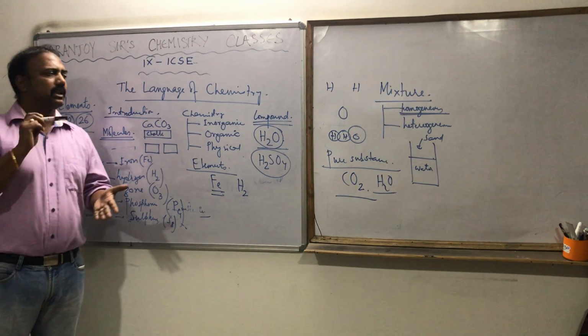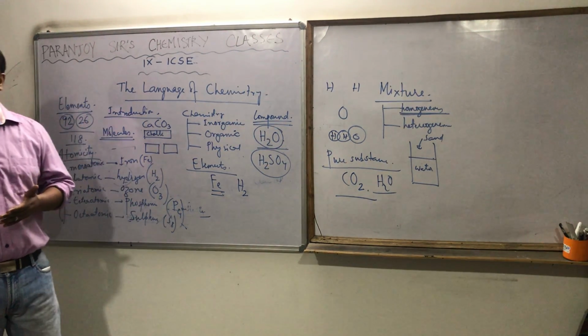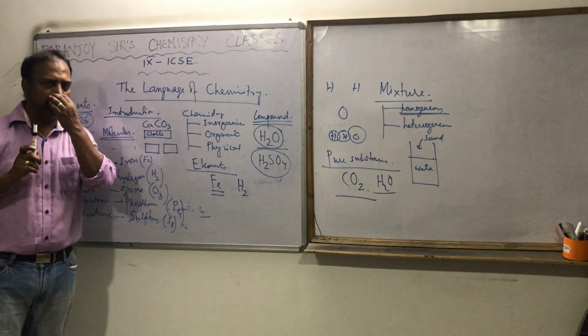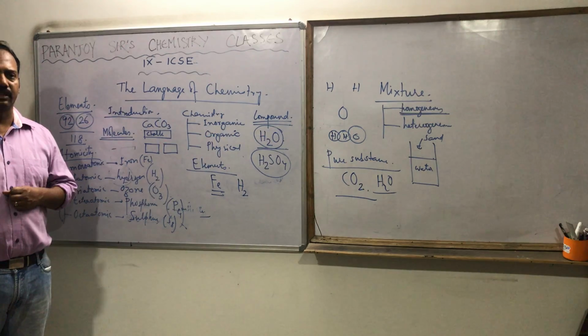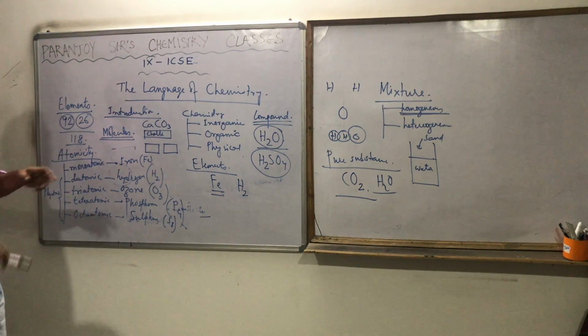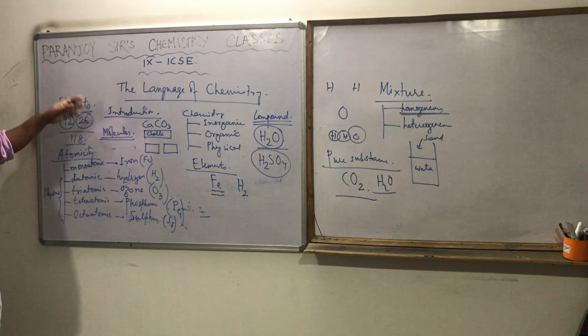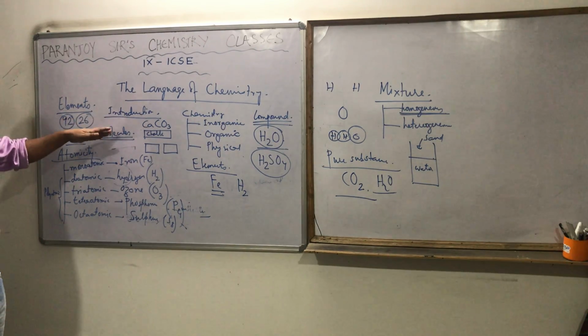Clear? Chemistry can be mainly subdivided into 3 branches I told you: inorganic chemistry, organic chemistry, and physical chemistry. Next come the definitions of certain basic terms in chemistry.